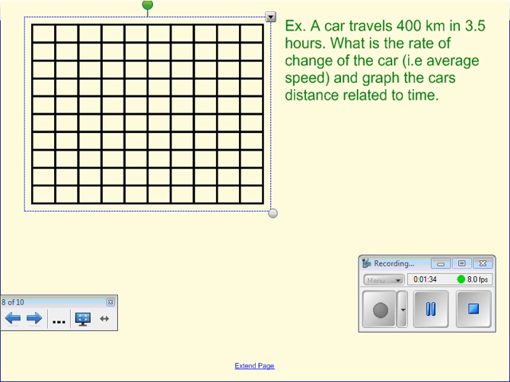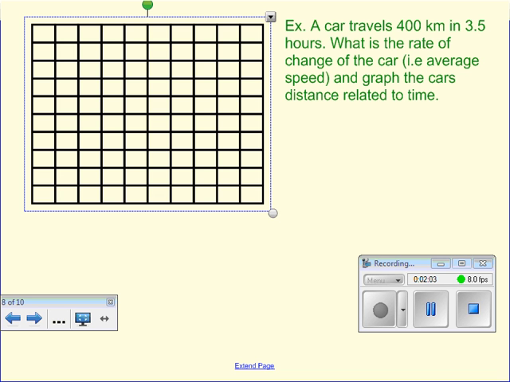I use the term average speed because I'm not sure how fast it was going at any particular instant, but I do know that over the 400 kilometers, it took 3.5 hours to travel that. And when I'm done, I want to graph the car's distance related to its time. So the first thing I want to do is find out the rate of change. So just like anything else, I'm going to refer to it as the slope.